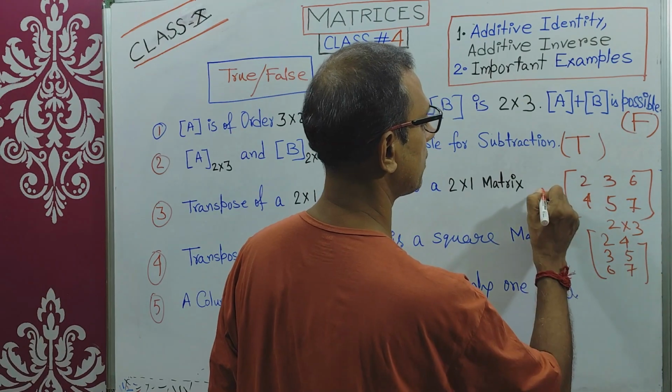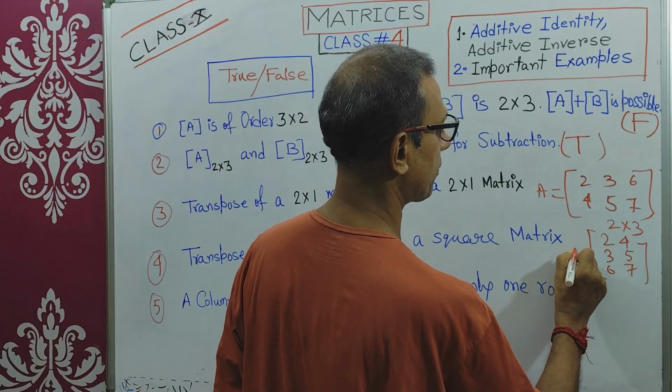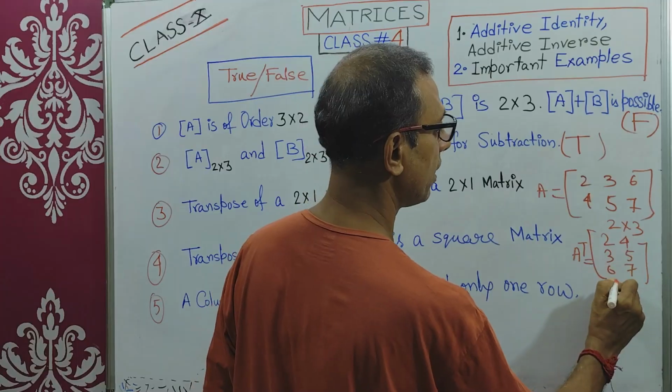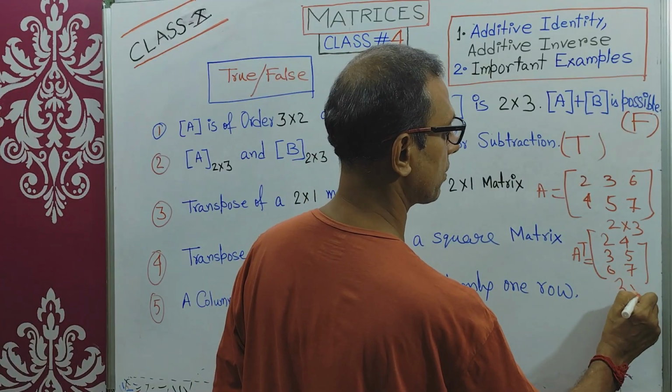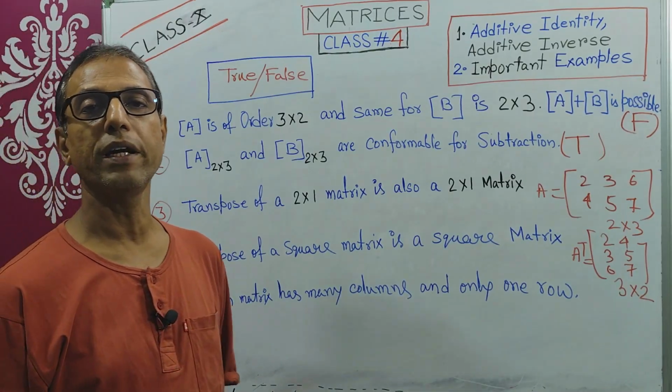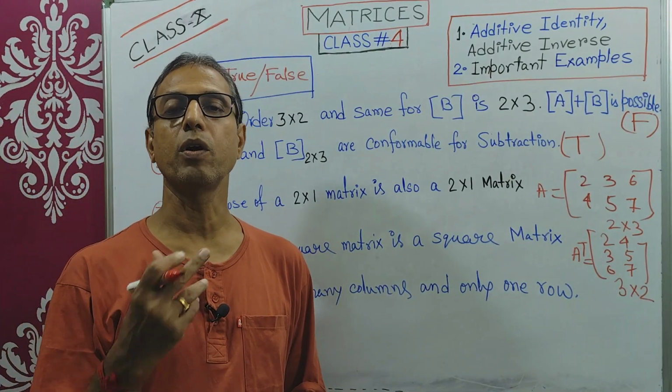So if this is matrix A, then the transpose of matrix A has columns 2, 3, 6 and 4, 5, 7. That means it is now a 3 by 2 matrix.